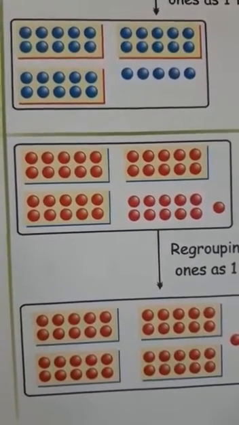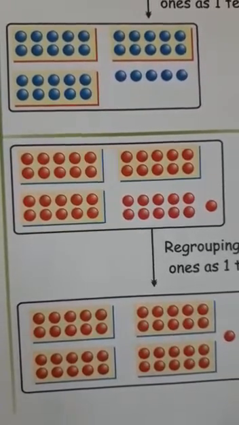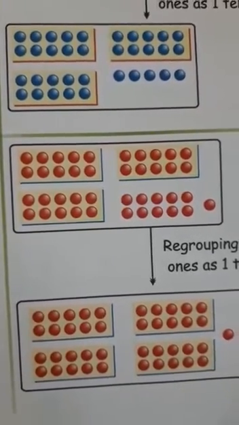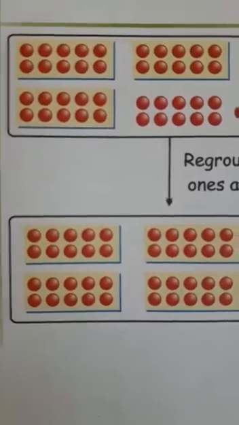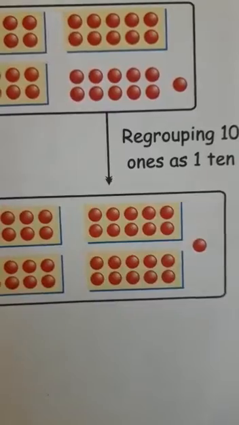Then I will convert another group of 10, and one will remain loose like this. 1 group, 2 groups, 3 groups and 4 groups, and one will remain at the ones place, because 10 ones can be written as 1 ten.